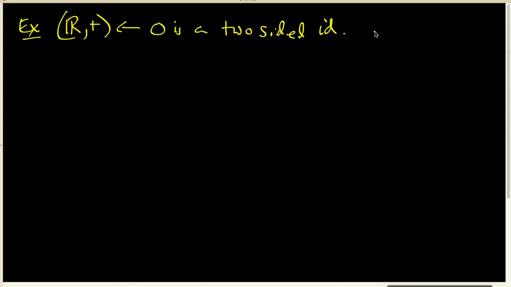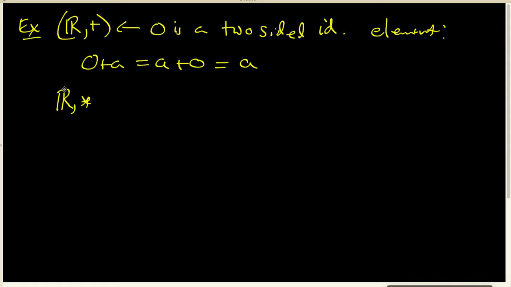So as an example, if we look at R under plus, we know that 0 is a two-sided identity element. And we know this because 0 plus a is equal to a plus 0, and both of those are going to be equal to a. Likewise, if I look at R under times, I know that R under times has a two-sided identity element, namely 1.